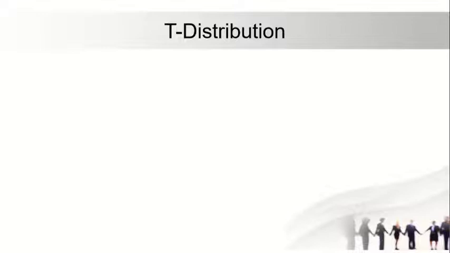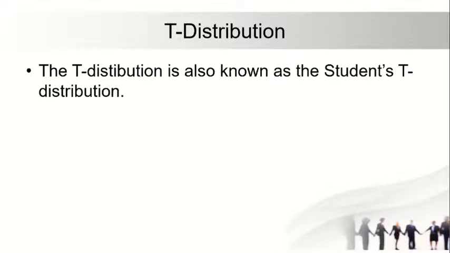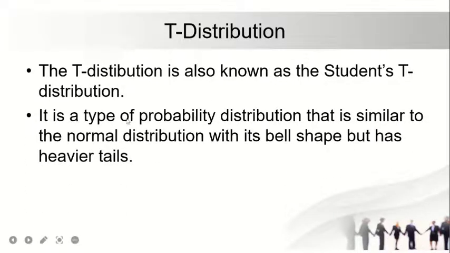So let us start. Let us first define what the t-distribution is. The t-distribution is a type of probability distribution that is similar to the normal distribution with its bell shape, but has heavier tails.